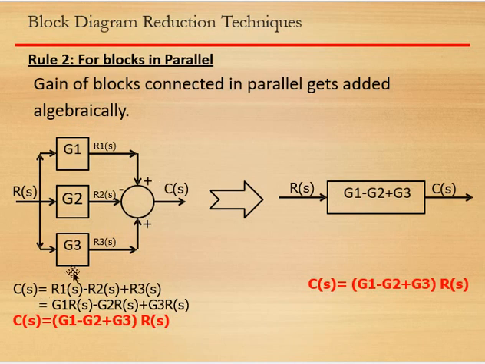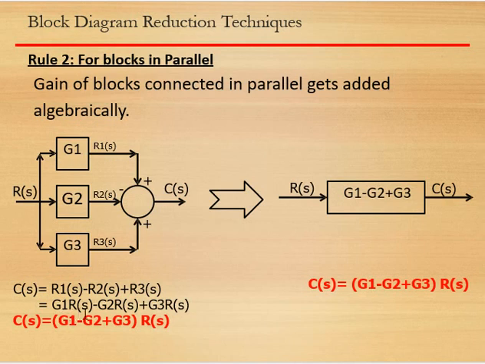R1s because it is positive, then minus R2s because it is given to the negative part of a summing point, and again R3 is positive because it is given to the positive part of the summing point. So CS is equal to R1s minus R2s plus R3s, and as we have discussed earlier, this R1s is nothing but the input into gain, that is RS into G1.